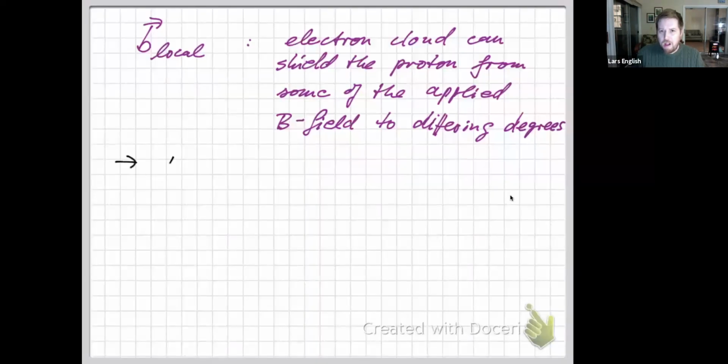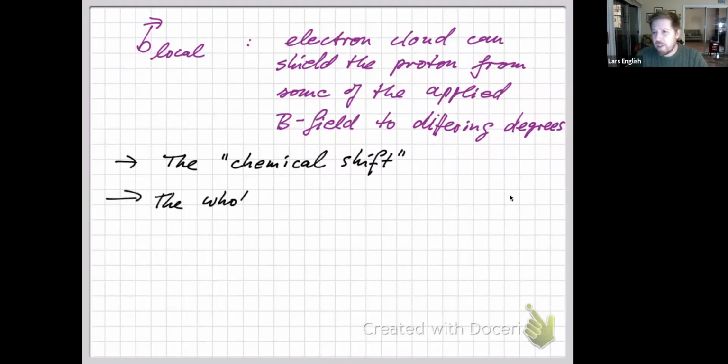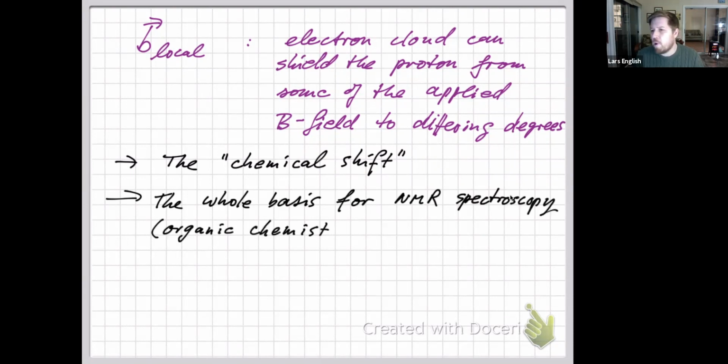Okay. So we call this the chemical shift. This is a very interesting phenomenon. It's the whole basis for NMR spectroscopy.